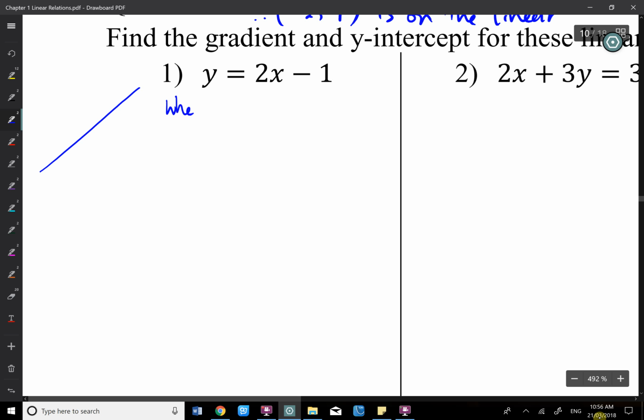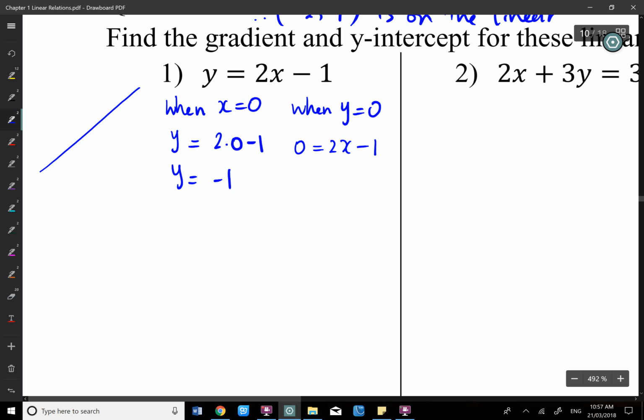We'll say when x equals 0, y will be -1. Right, sub 0 in, so it's 2 times 0 minus 1, and y equals -1. And when y equals 0, 0 equals 2x minus 1, plus 1 on both sides, 1 equals 2x, and x equals 1/2.